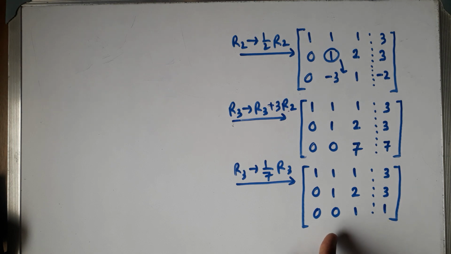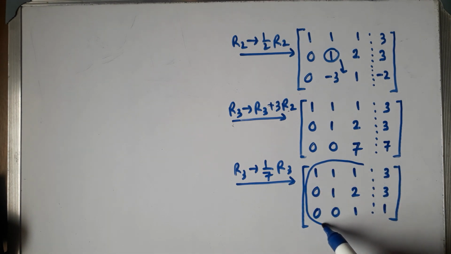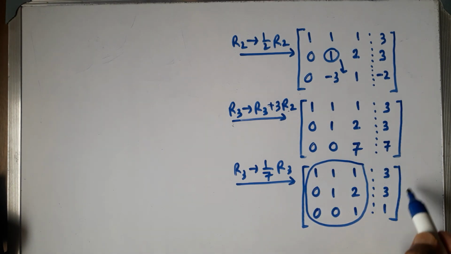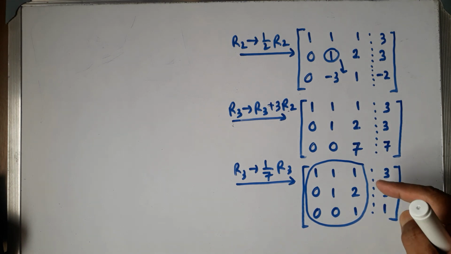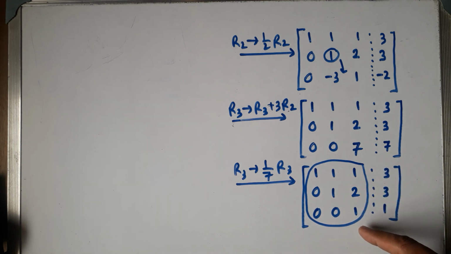From this matrix I can say what the system of equations is now. But before that, just look at this board. Here this is the A matrix and this whole thing is the AB matrix. Here rank of A matrix is 3. Rank means number of non-zero rows.